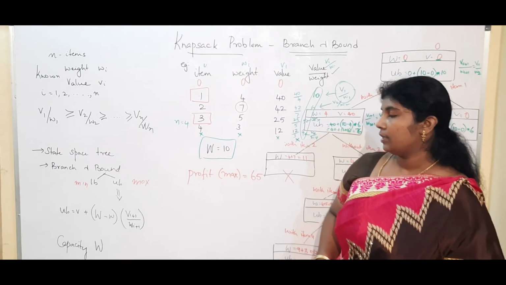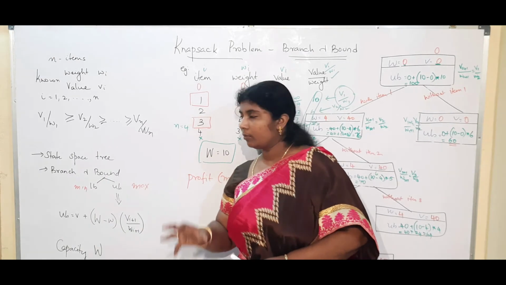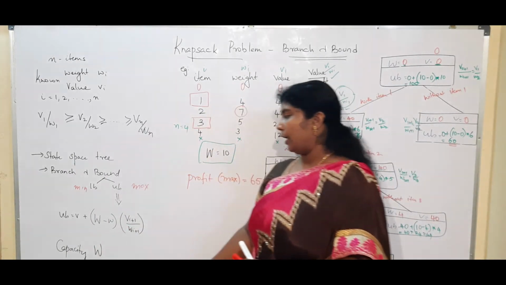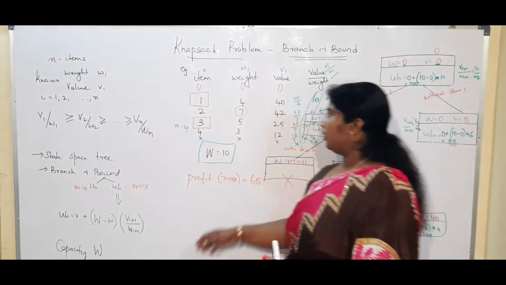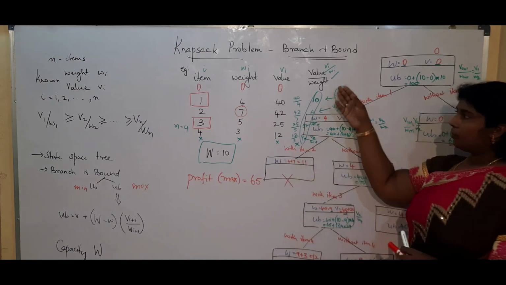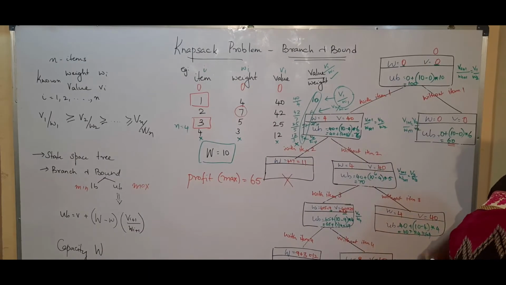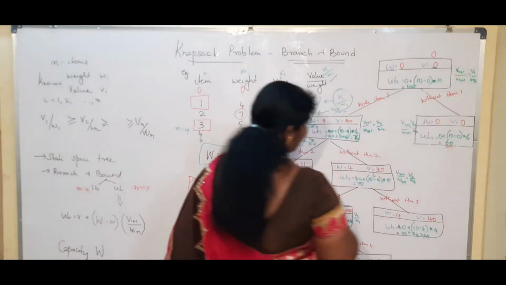So upper bound is given by the formula V, actual node value, and it is going to be a predicting value for the future nodes. Okay, so this is going to be the capacity. And this was the example. We calculated V by W, and we started with the 0 node by adding the first item or without adding the first item.